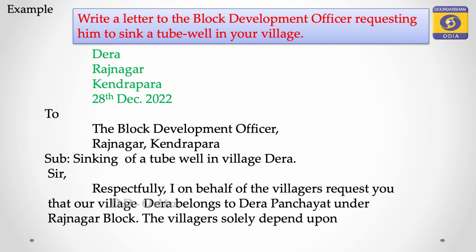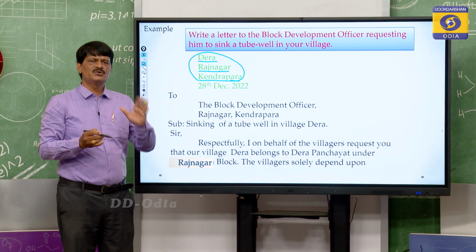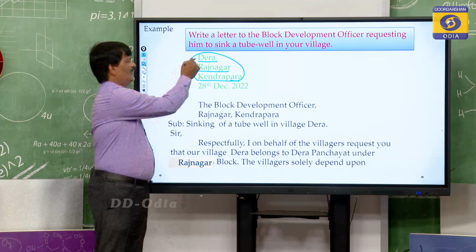Okay. This is the full address of the one who is going to write that. So in the examination also it must be there. You are, suppose, Narayana Nayak of village Dera, write an application to the block development officer, okay, requesting him to sink a tube well in your village. So it should be there. So easily you can get the address.